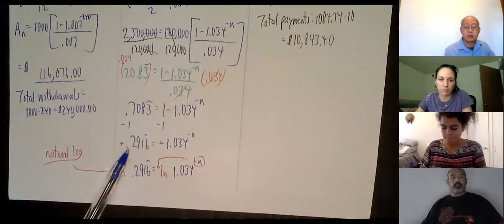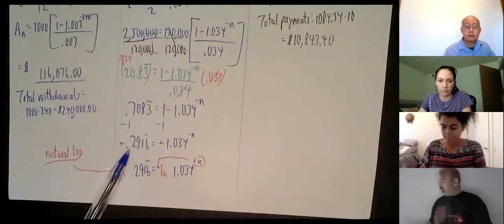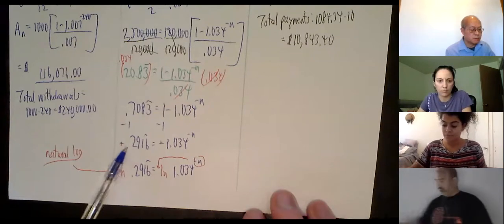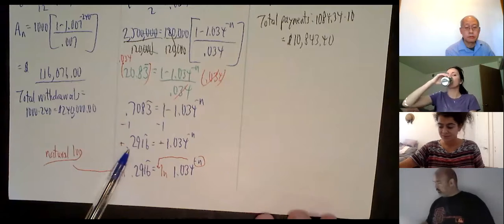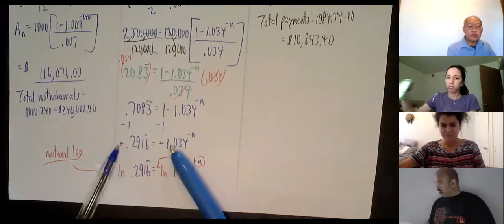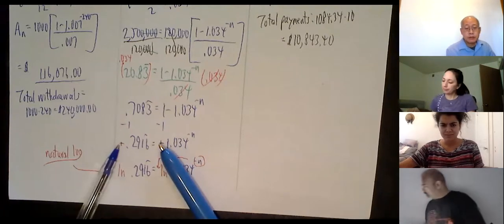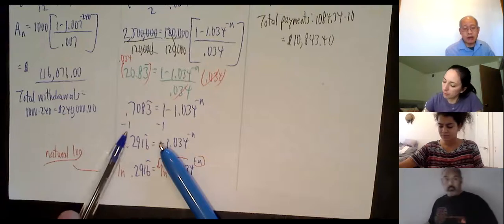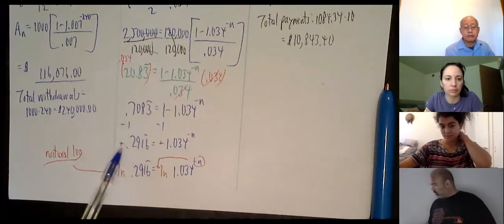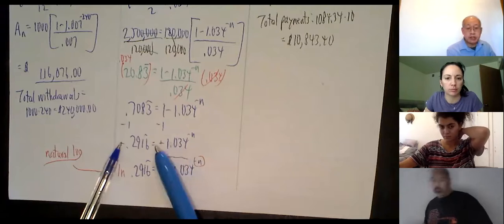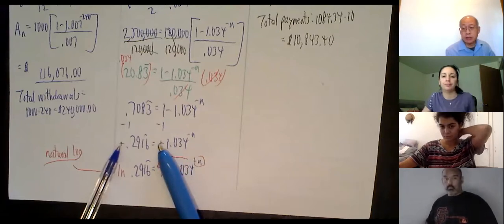Professor Hom, in front of the 0.2916, is it a plus or minus sign? At first it was a minus. That minus that is clearly a negative number, right? 0.7 is smaller than 1. There's a negative here, and there's a negative here, which I quickly changed to a positive.